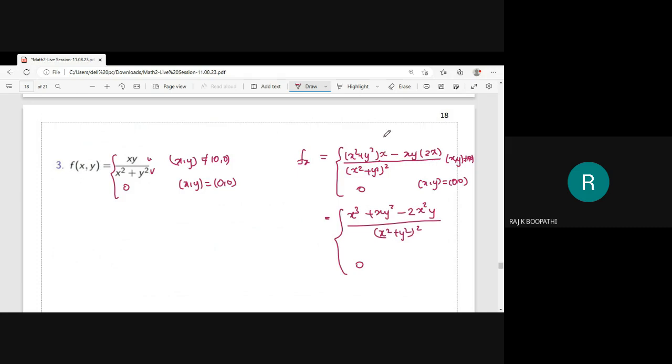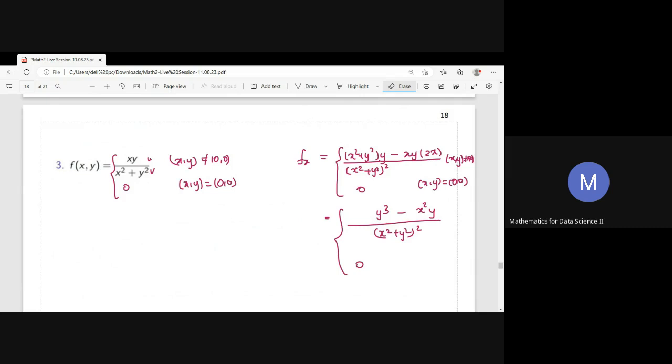Here it is y. Yeah, correct. So it means you will have x squared y plus y cube. So actually this reduces to minus x squared y, right, when you add these two terms. So simply y cube minus x squared y. So this is your fx.